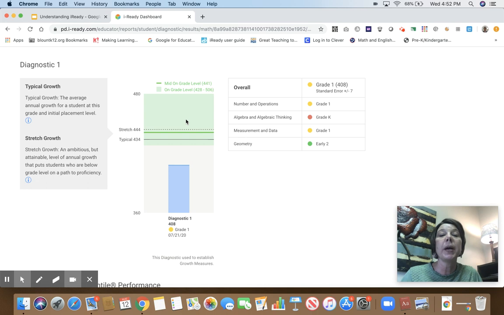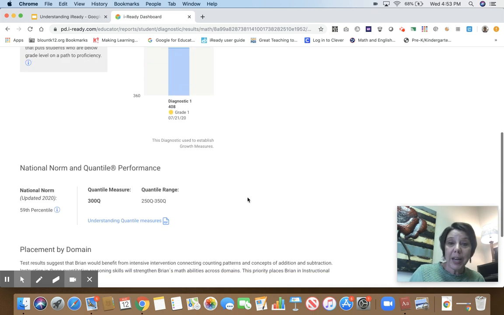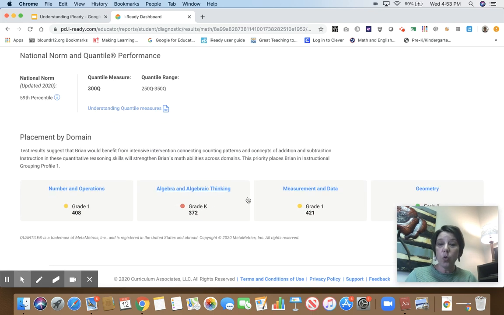That's fine. Some of you may not see a green box at all. That's okay. But the green box just means trying to get this blue bar to grow. To get into the green box means on grade level, exactly where you need to be, somewhere inside this green box.